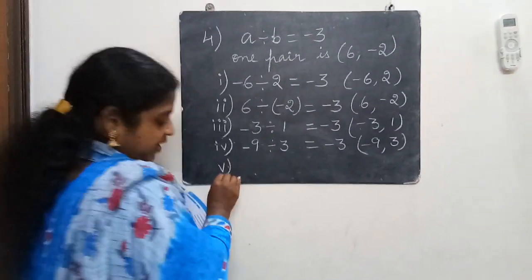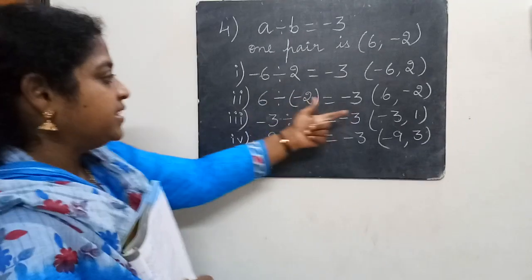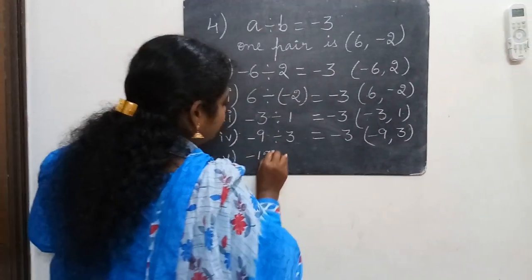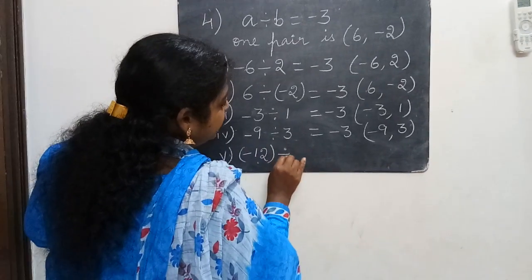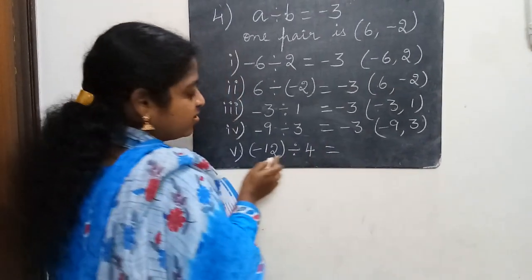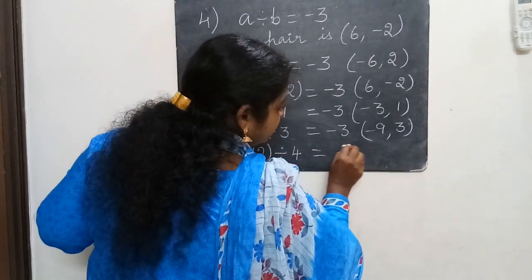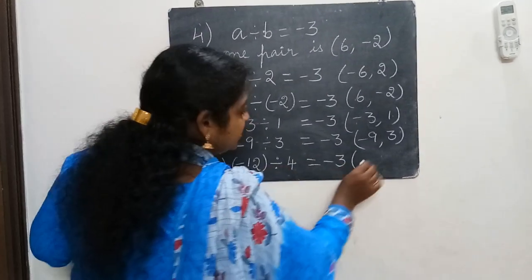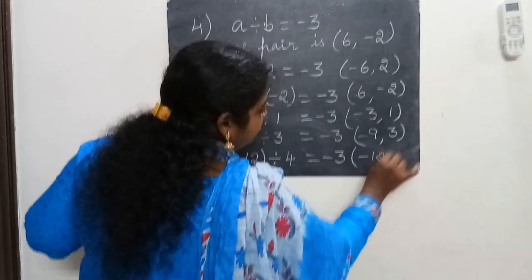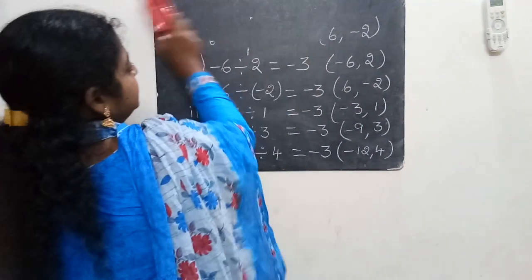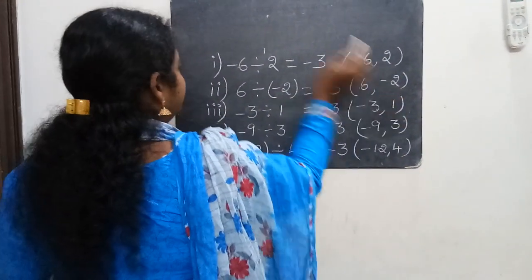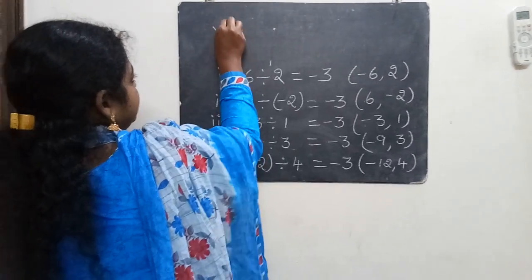And the fifth one, they have asked only 5 pairs. These they have already given, so one more extra we will write. Minus 12 divided by 4. Where will you get 12 in the fourth table? 4 3s are 12. So the symbol is minus. So the pair is minus 12 comma 4. Another one, because they have already given this in the textbook, so I am writing an extra one here.